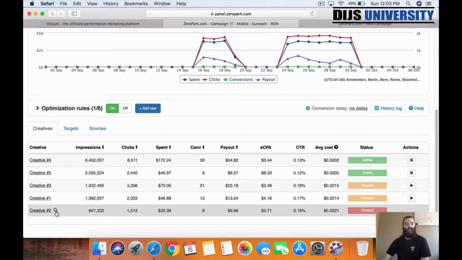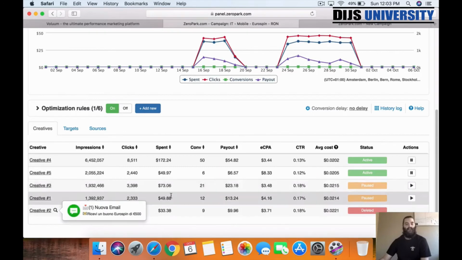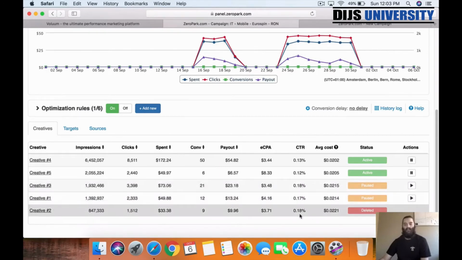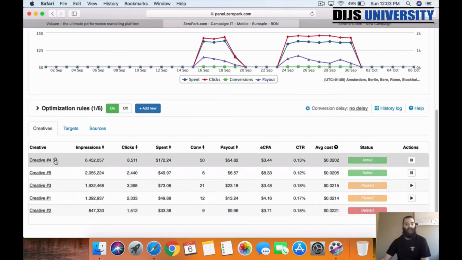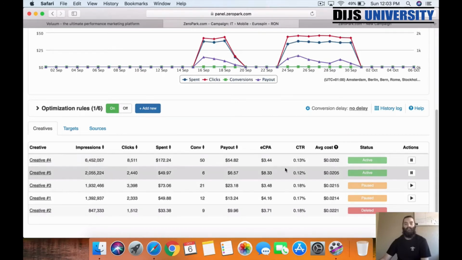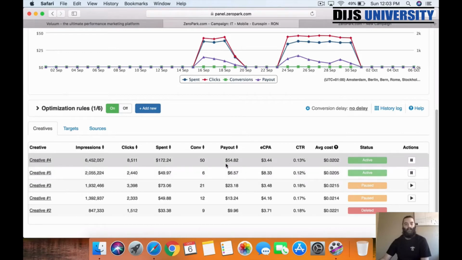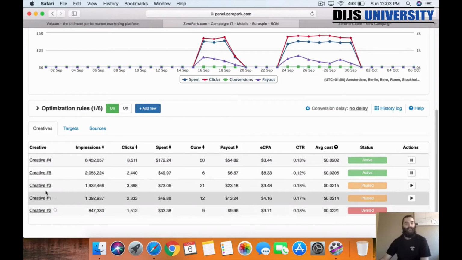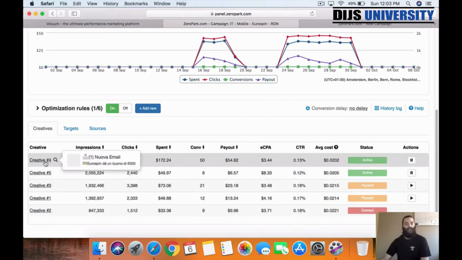These ones here were obviously not going to be the ones doing well. That's why they deleted them and paused them. These creatives outperformed the other ones, as you can see here. Obviously they still aren't profitable, but you can see these were better than the rest, and it's just because of the icons.